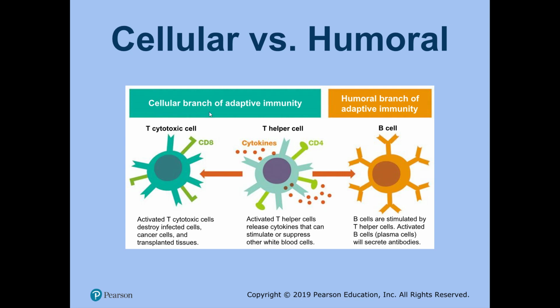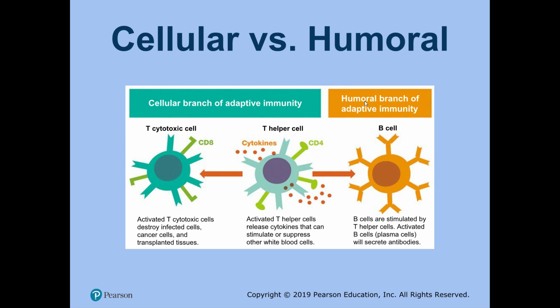Another way to think of it is these cells actually go out and interact with other cells in our body. They interact with them directly, whereas the B cells interact with them through an antibody instead of directly. So the B cells are not part of the cellular branch, they're part of the humoral branch.